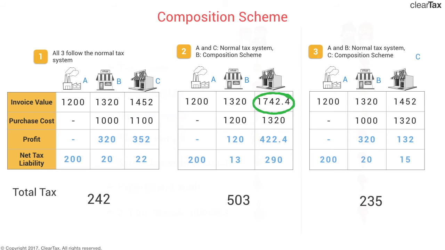That's the same in the third case, but in the second case, where the middleman has opted for the composition scheme, it is 1742. Quite a lot more than the other two scenarios. So it isn't really good for the economy, for all the same reasons why the cascading effect isn't good.